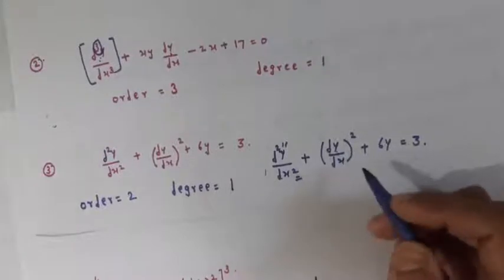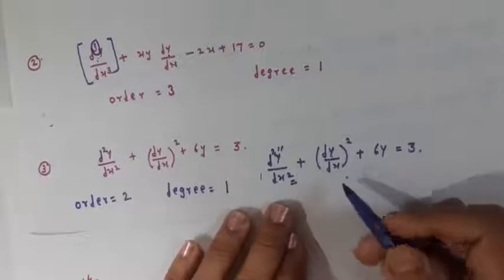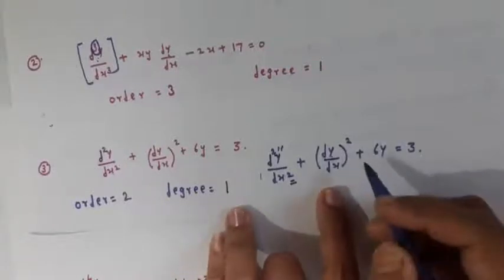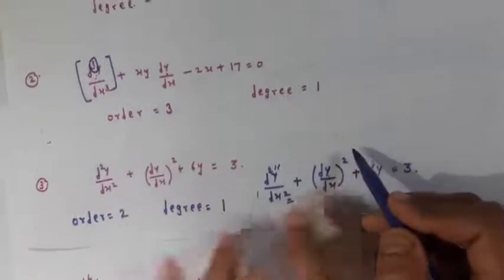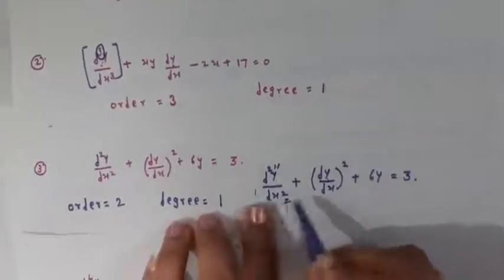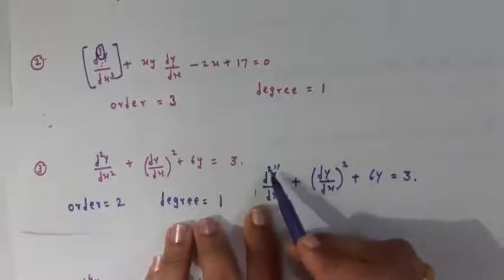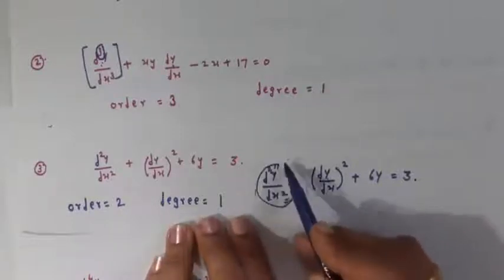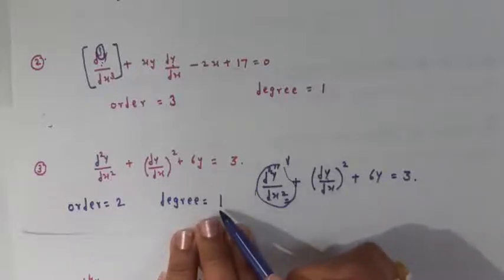Some students may be confused. Suppose some students think that here the power is 2, so the degree of this differential equation must be 2. That is not the way. Degree means the power of the highest order derivative. The highest order derivative is of order 2 and its power is 1, and therefore the degree of the differential equation is 1.